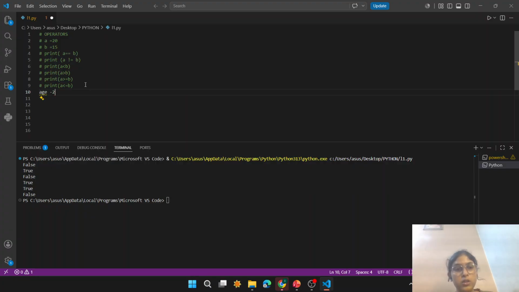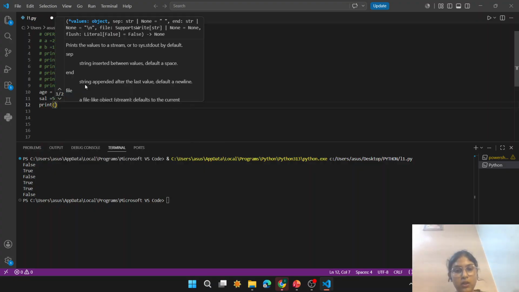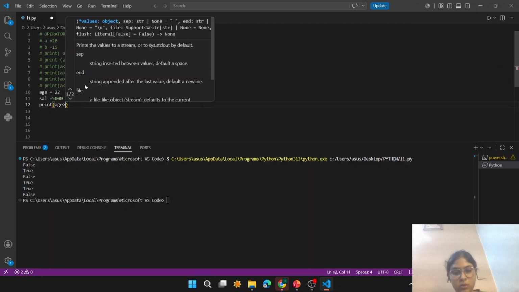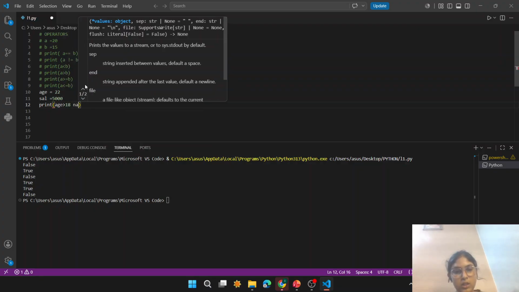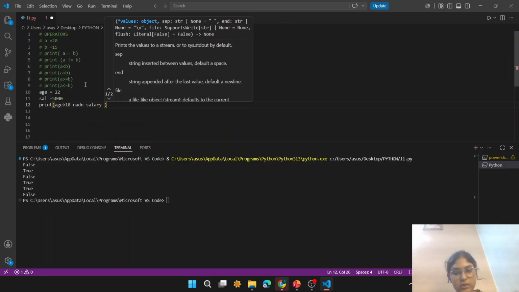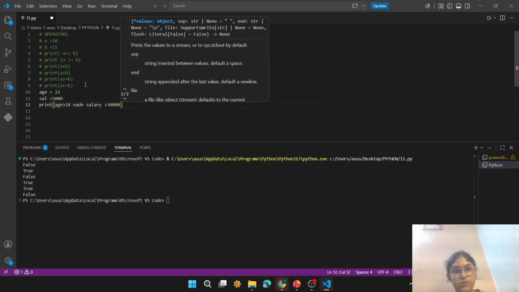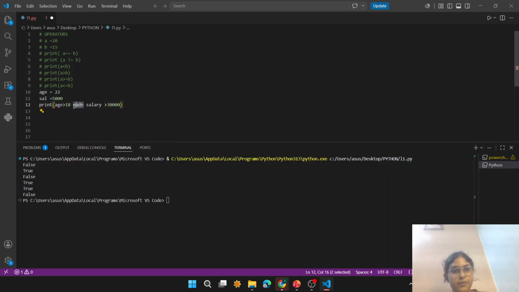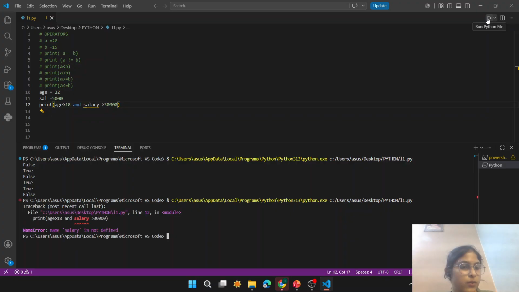Age equals 22, and salary, let it be 5,000. So I want to print for age above 18 and salary above 30,000.